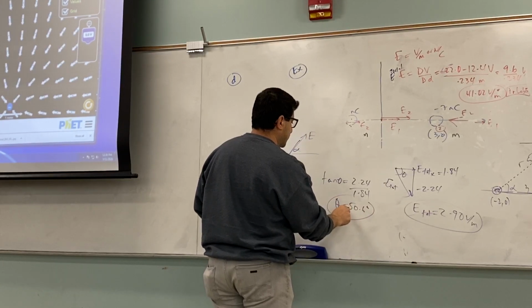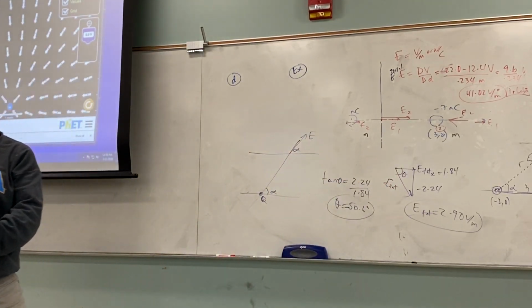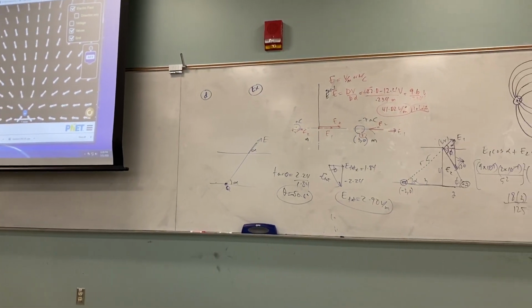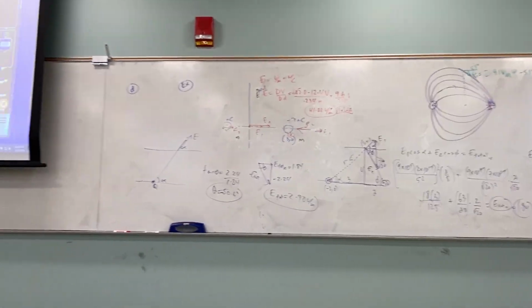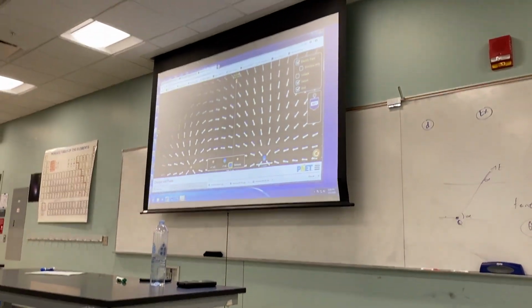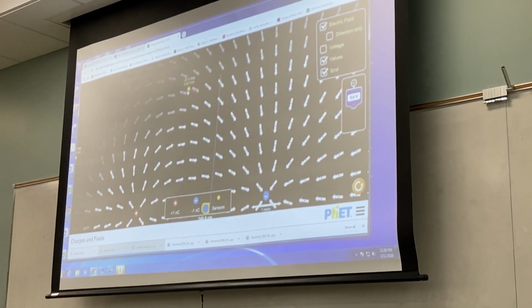And you can just put a negative because it's below the x-axis. As you drag this here, you can see how the angle is changing. Now it's a positive angle.